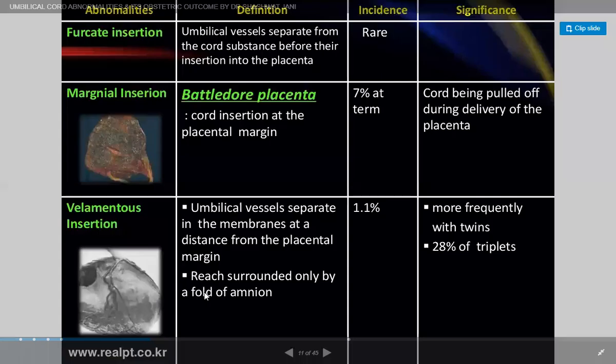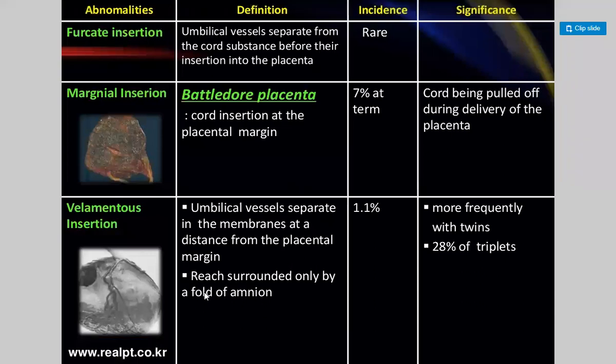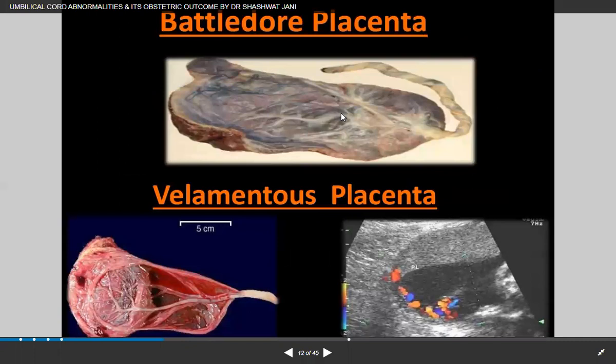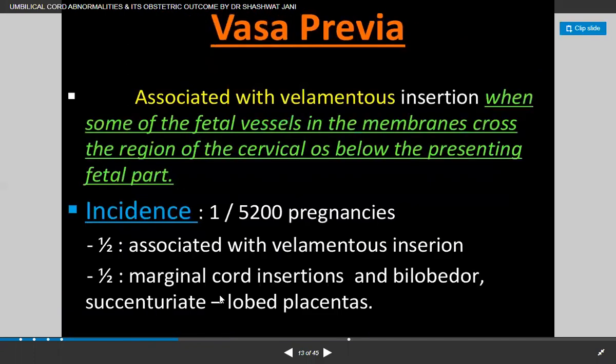So this is central, marginal, and filamentous insertion. Then these are the filamentous placenta, and vasa previa.